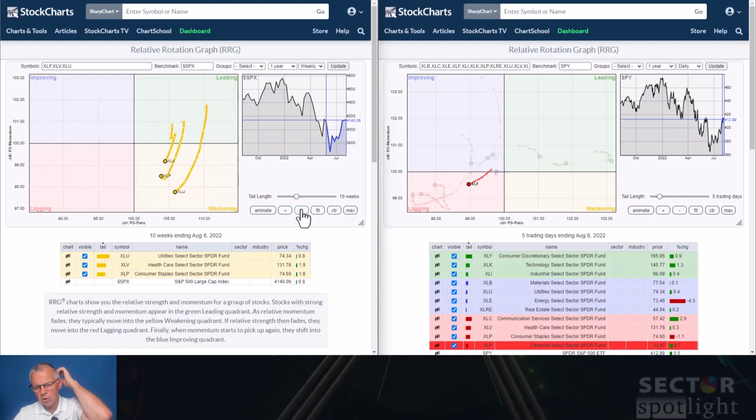And we already saw that utilities are actually bending back up. So they're kind of giving utilities on the weekly the opportunity to roll back up. It's not happening for staples and healthcare yet. However, these two sectors are still quite some distance away from the 100 level, so there is still some room to maneuver. And don't forget that they are inside weakening, but they're also on the right-hand side of the graph.